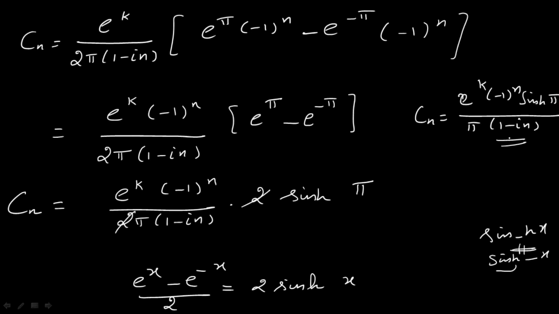The conjugate of 1 minus in is 1 plus in, so multiply both numerator and denominator by 1 plus in, which makes the denominator a real number. Only in case of a complex number in the denominator you have to do this, otherwise you stop up to this. Here in this problem we have a complex number in the denominator, so to make it a real number, we multiply both numerator and denominator by its conjugate.